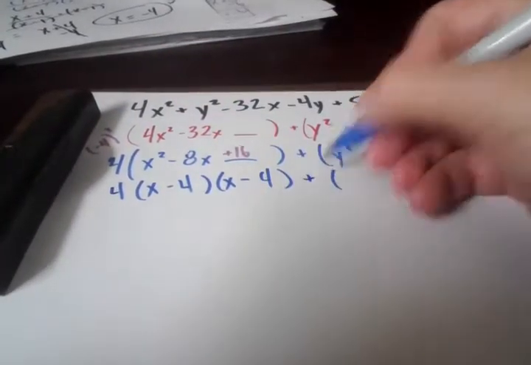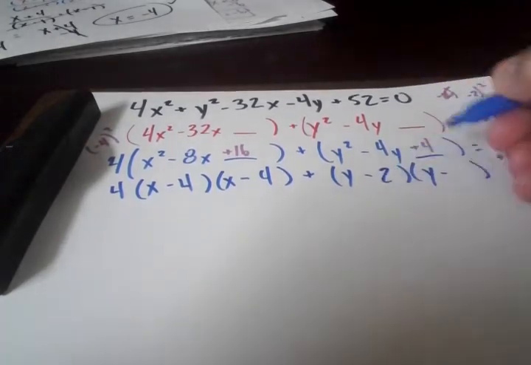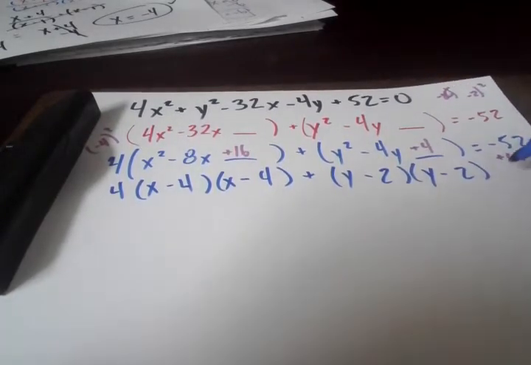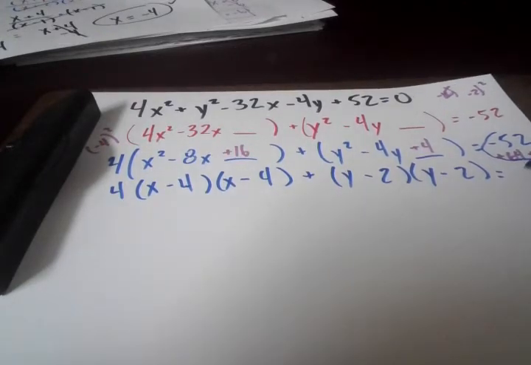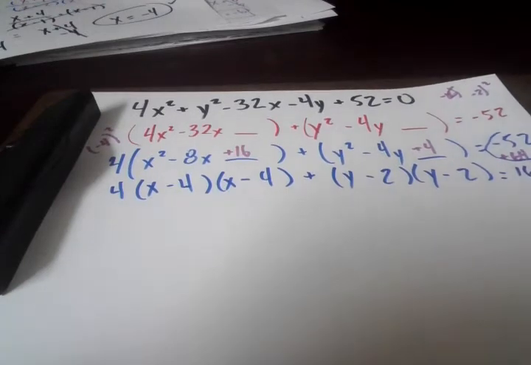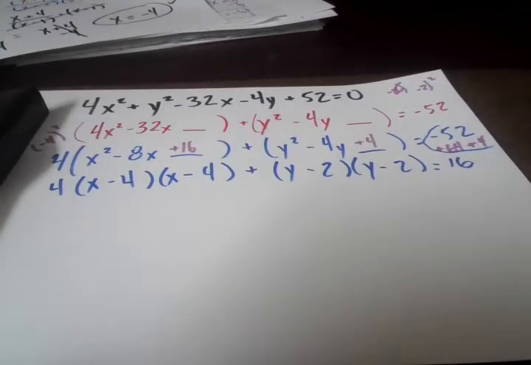Over here, this should be, again, minus minus, because it's minus plus, and it's going to be 2 and 2, right? Okay, I'm going to go ahead and combine these. 64 minus 52 is 12. 12 plus 4 is 16. Okay, we're getting closer to putting it in standard form at least.